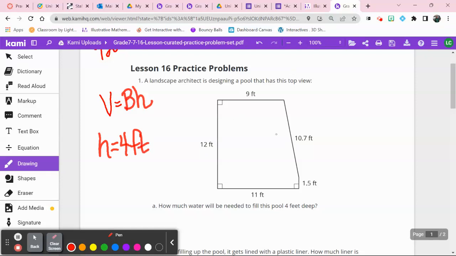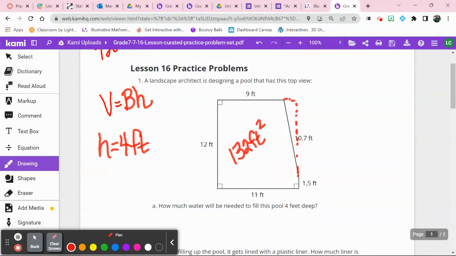We need the area of this base. So I am going to go like this. Go like that, okay? And when I do this, that means I can do this whole rectangle area, 12 times 11, which gives me 132 feet squared, okay? And then I take off this little triangle area.